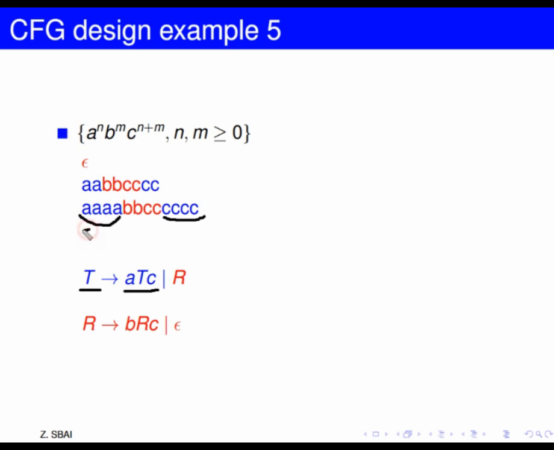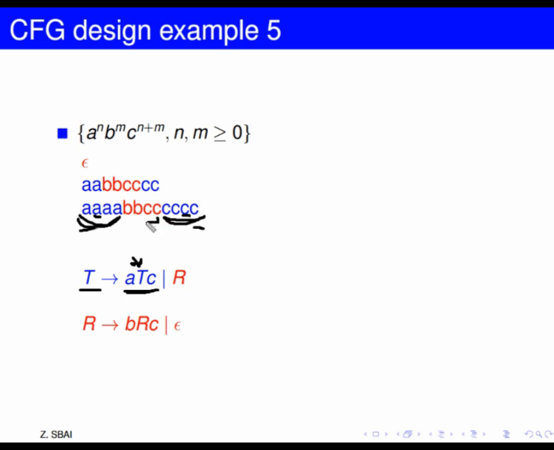So the first a will appear and the last c will appear, and we will have the same variable T in the middle here that again will be substituted by aTc for the second a here and the second to the last c here. And we will apply this rule a third time and a fourth time to obtain these 4 A's and 4 C's at the end.